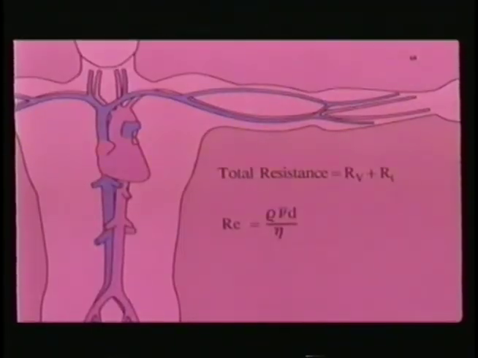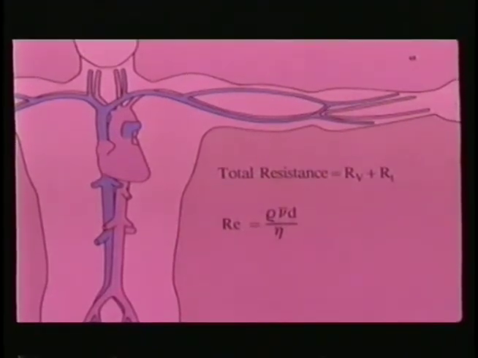Your last objective is to be able to describe the role of turbulence in the circulatory system. As we have said, the total pressure drop during flow in the circulatory system is due predominantly to viscous resistance.